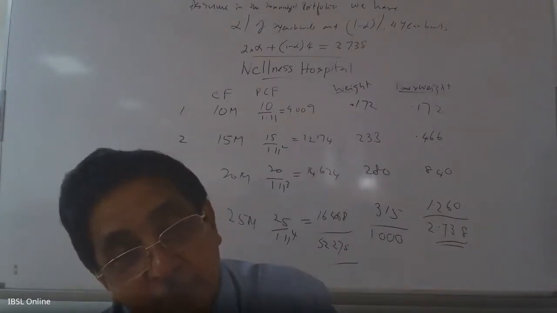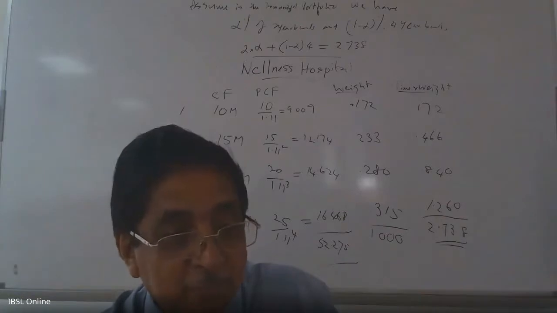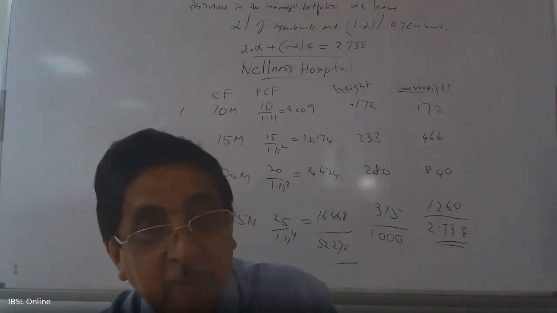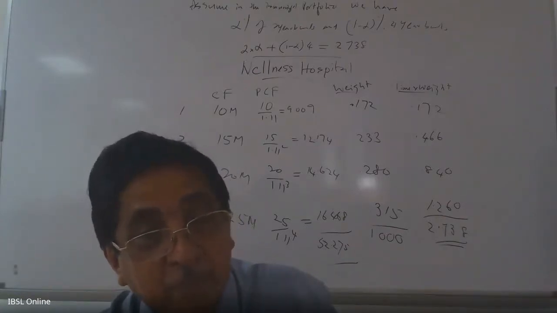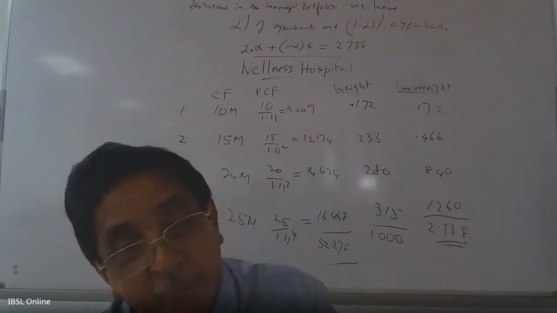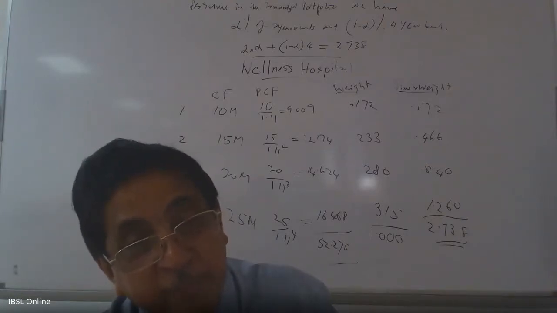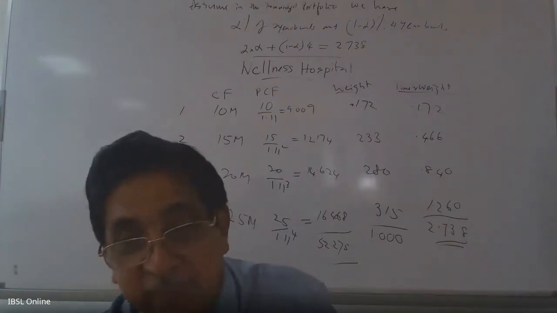We have already calculated the liability duration, and that comes to 2.738. And our asset duration would be, we have 2-year bonds and 4-year bonds. We assume that we have alpha percentage of 2-year bonds. So the duration of it should be 2 into alpha plus 1 minus alpha, the other portion, that is 4-year bonds. So 1 minus alpha into 4, which should be equal to 2.738.